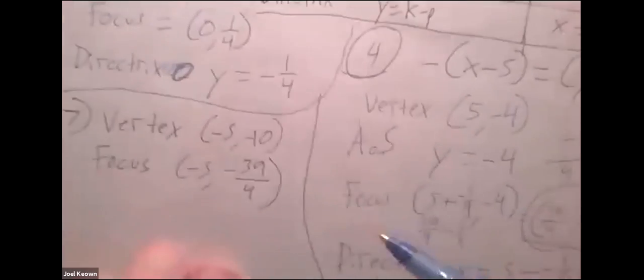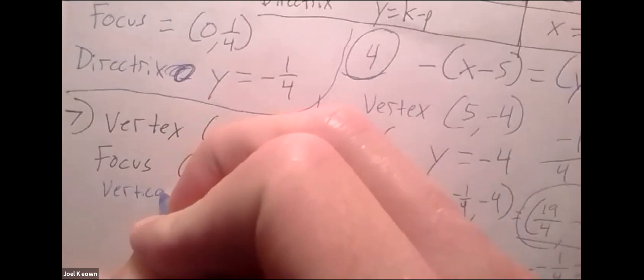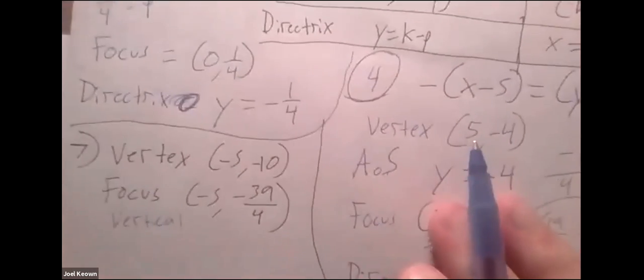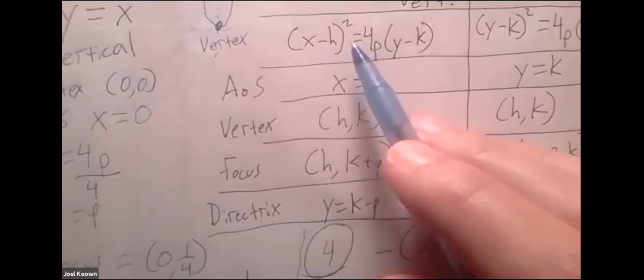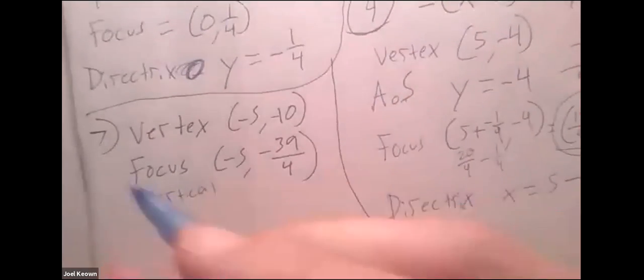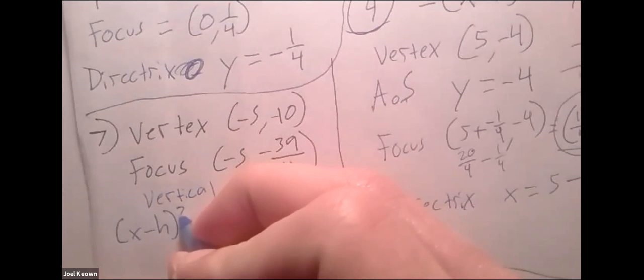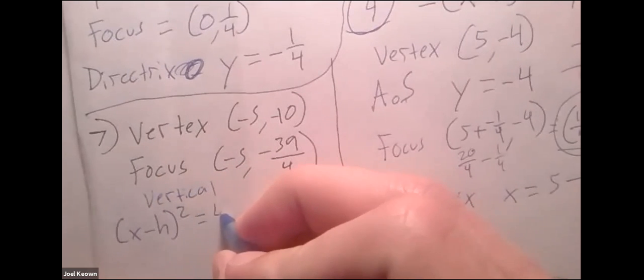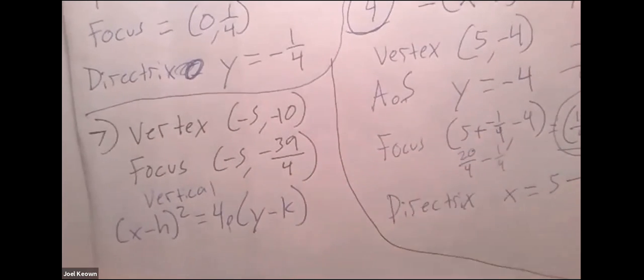So I'm going to come down here to my problem and I'm going to write vertical. And if it's vertical, what form am I in? Well, I'm in this form right here, x minus h squared equals 4p times y minus k. Okay, so there's the form I'm in.